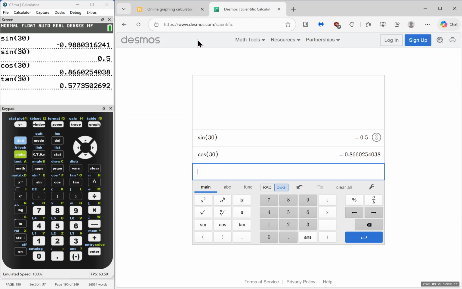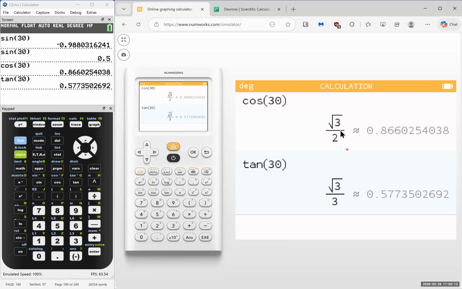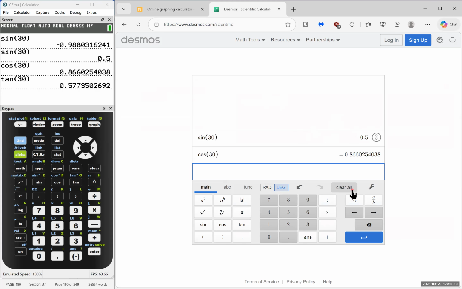So far of the three, I kind of like the NumWorks just because it gives the fractional equivalent here. And then we can do tangent of 30 and hit enter. Okay, and that looks like the correct answer.